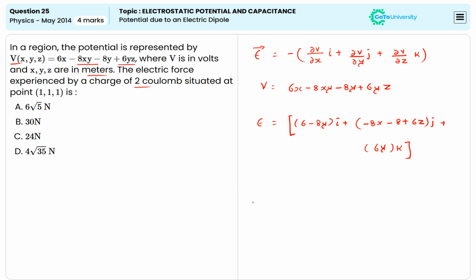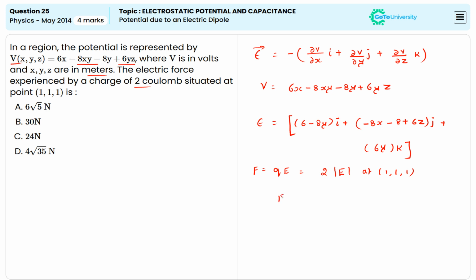Then we know that force is equal to Q times E, which is nothing but 2 times the electric field, which is at (1, 1, 1).